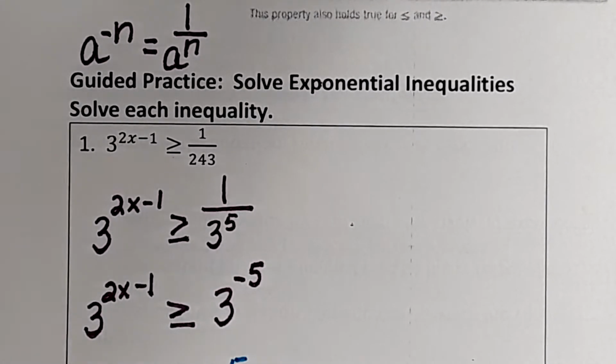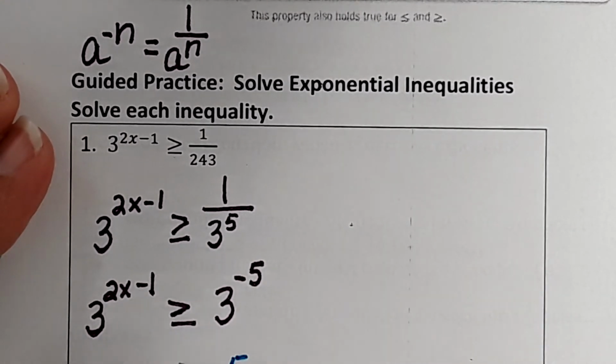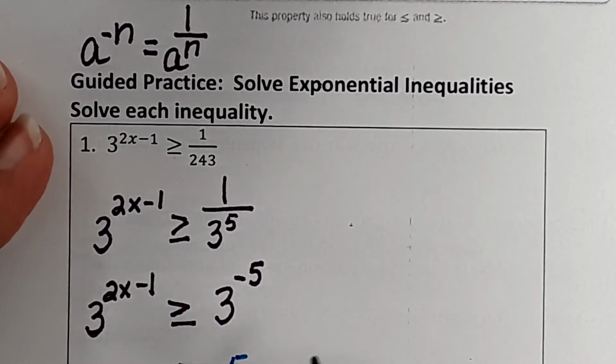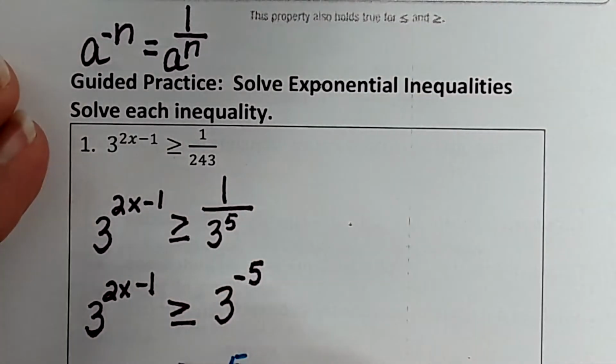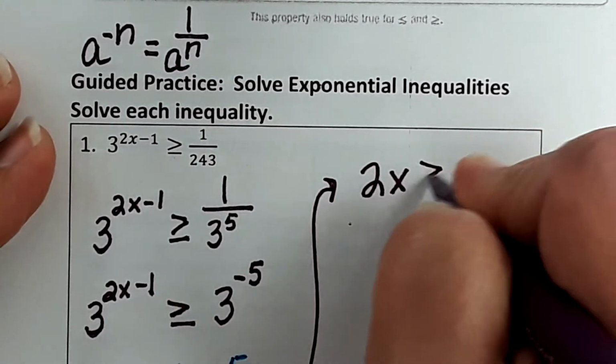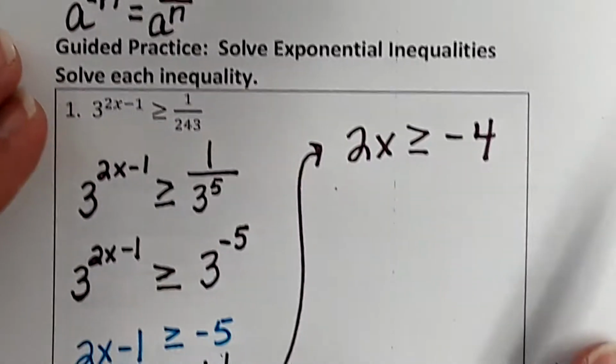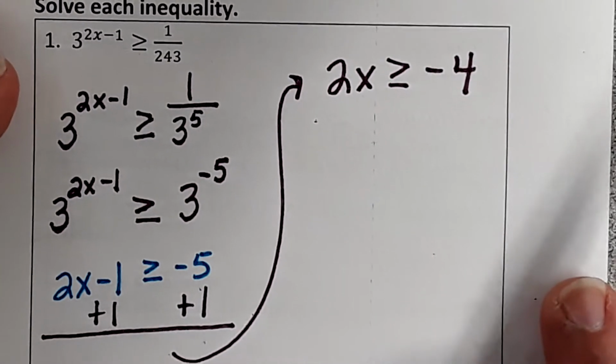Okay. Now what do we do? Okay. We add 1 to both sides. Okay.